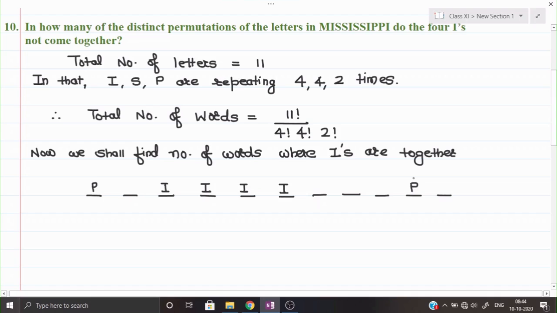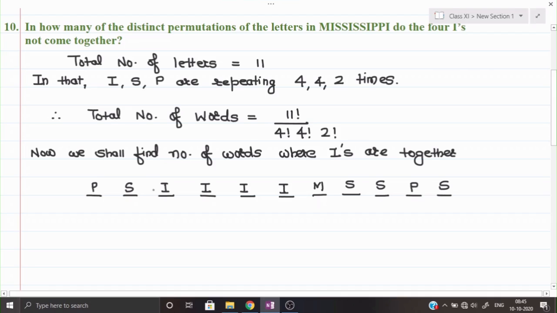We are not talking about P's coming together or not, they may come. Okay, so here for example I am just writing separately. Now the one more letter is repeating 4 times, that is S. So suppose 1 S I am writing here, 1 here, 1 along with that only, and 1 at the last. And here I am writing one letter, that is remaining M.